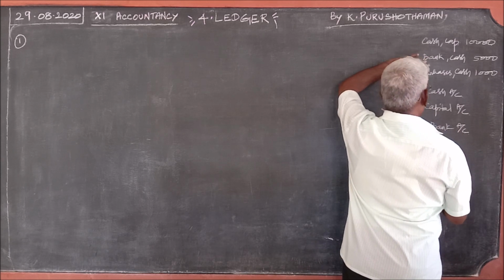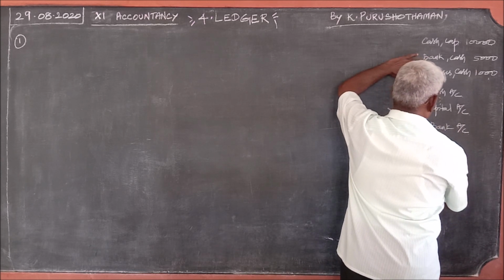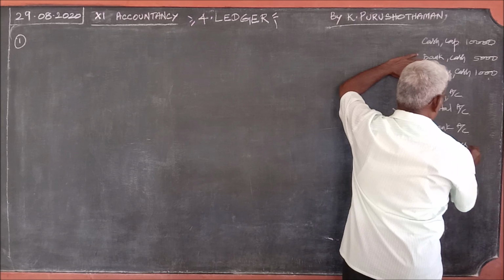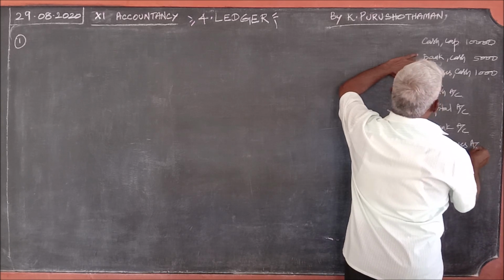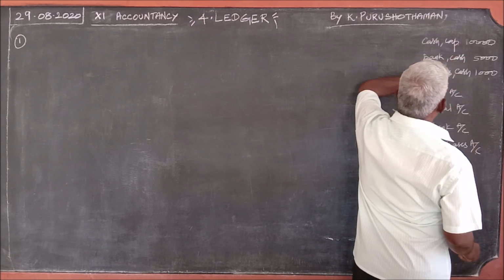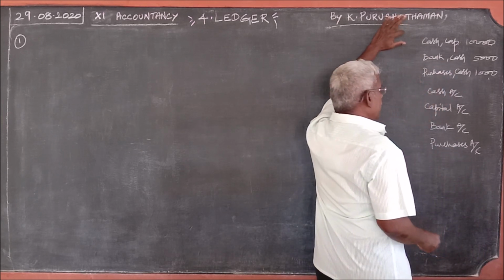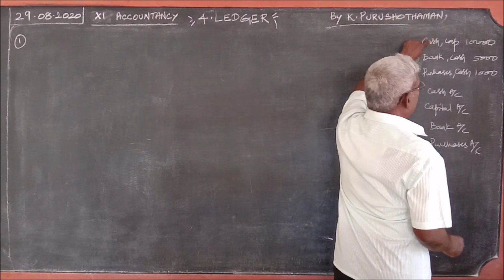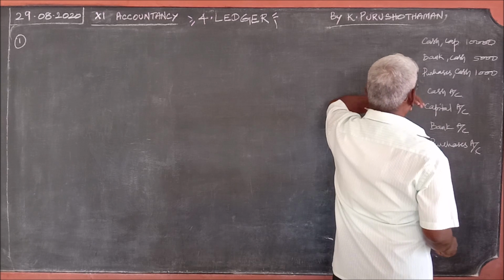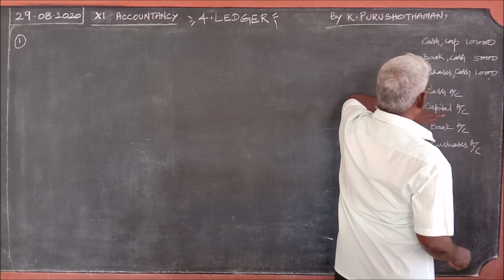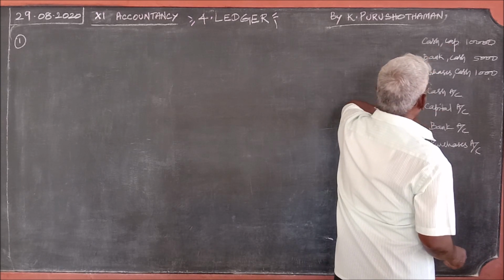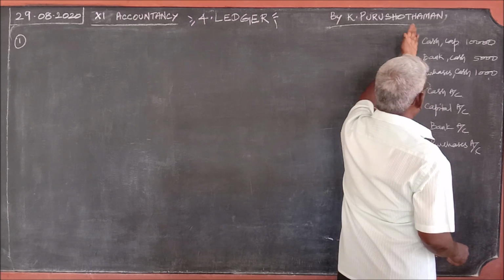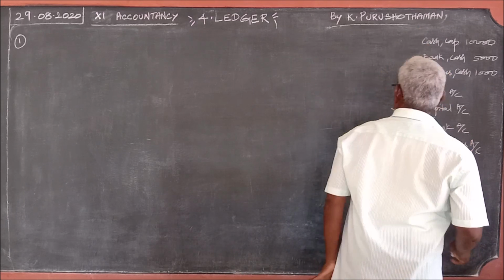Fourth one, purchases account. We need not repeat the same account. Cash account is coming 3 places. We need not write it 3 times, only one time is okay. Then the second one, capital account. Third one, bank account. Fourth one, purchase account. For all the cash, one account we have written.